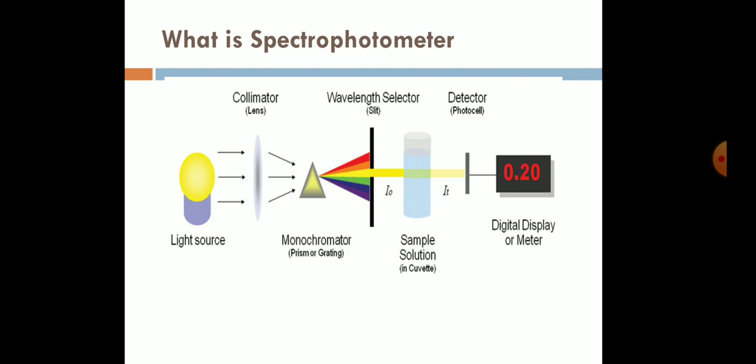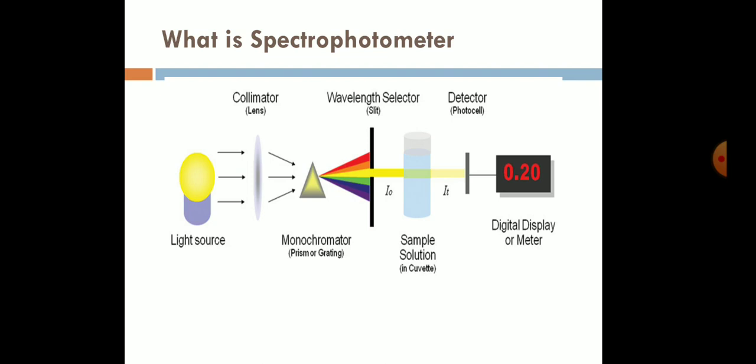So when the grating is used, it splits the incident beam of light into different wavelengths. Then with the help of a device which is called a filter or wavelength selector, a suitable wavelength is chosen and it is allowed to pass through the sample which is taken in a cell which is called a cuvette.